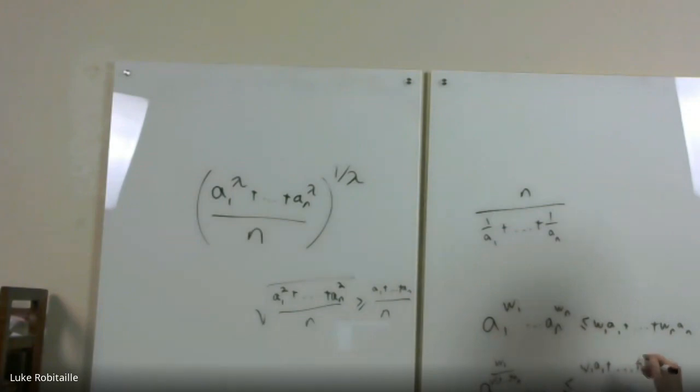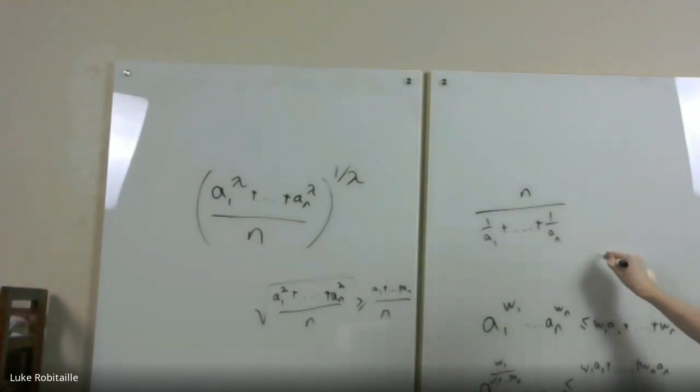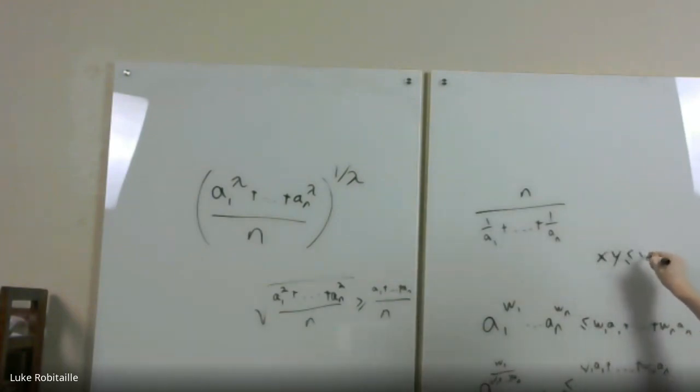This is for the reason of homogeneity. Otherwise, if you just plugged in 1 and 1, you would get something like xy less than or equal to x plus y, and you can see that this will not work if you take x and y really big.